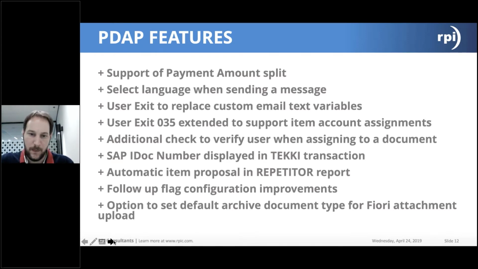For example, it is used for cases when we receive a PO-based invoice and there is no GR created. So when Repetitor is run, for example one time per day, it will check if a goods receipt has been created for that invoice, and if it has, it will match the goods receipt with the PO and with the invoice and automatically post the document.